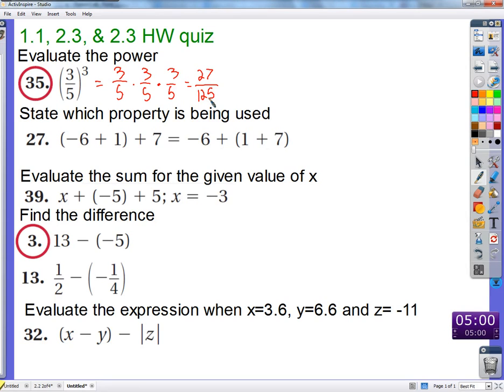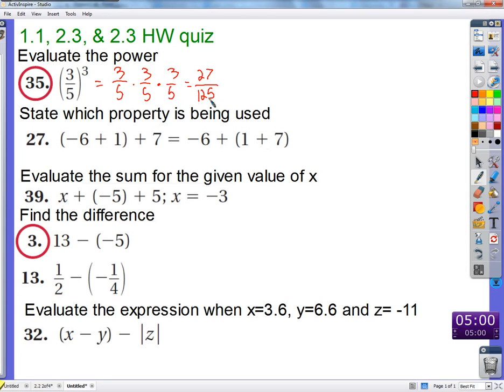Okay, which property is being used in number 27? Yes, associative. How did you remember that? You just remember it. There's 2 of them. Did you just eliminate commutative then?